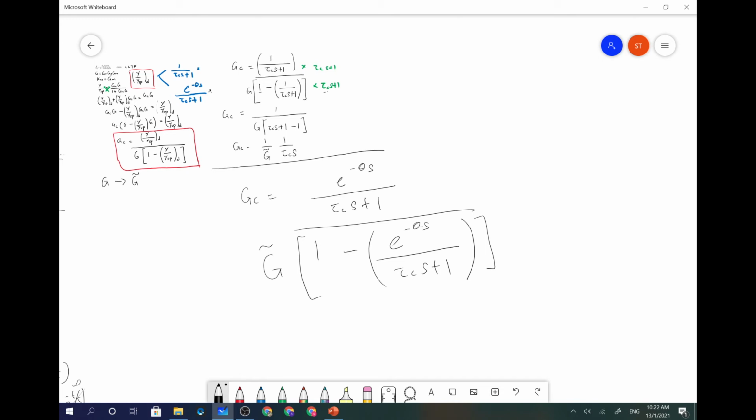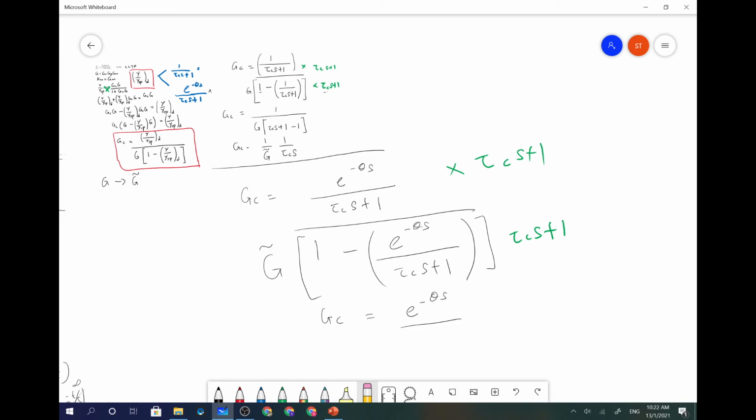To do the simplification, time everything with tau CS plus 1, tau CS plus 1. So your GC would be exponent negative theta S over tau C, over, sometimes it's really hard to erase it, I don't know why.